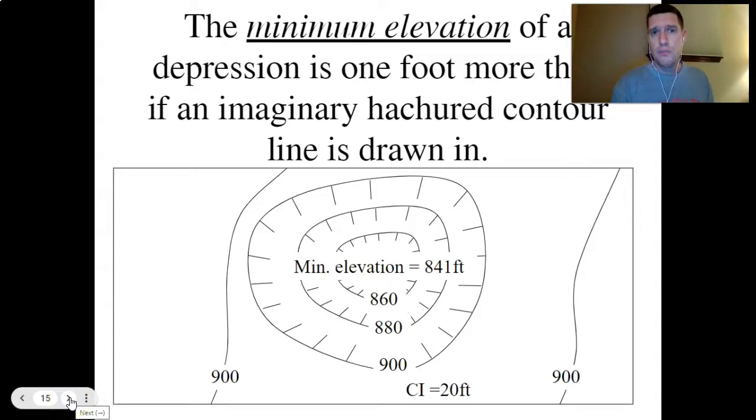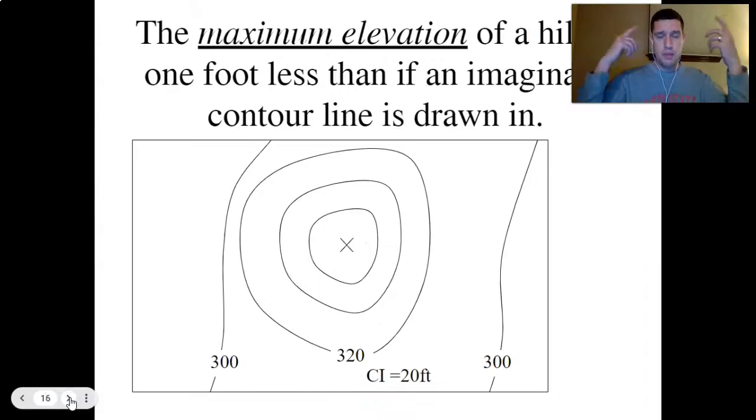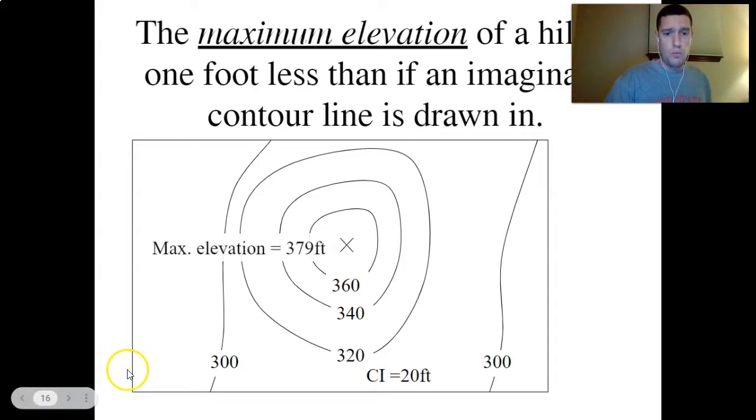Well, what if I asked you, could you find the maximum elevation of a hill that was not benchmarked? You're really just using the same methodology. So you've got an X right there, but there's no number on it. Well, how am I going to know what the maximum possible elevation could be? Well, I'm starting at 300. My contour interval is 20. So here's 300. I go to 320, 340, 360.